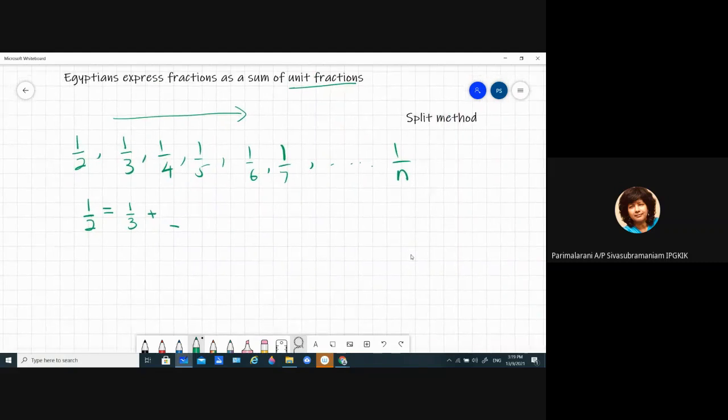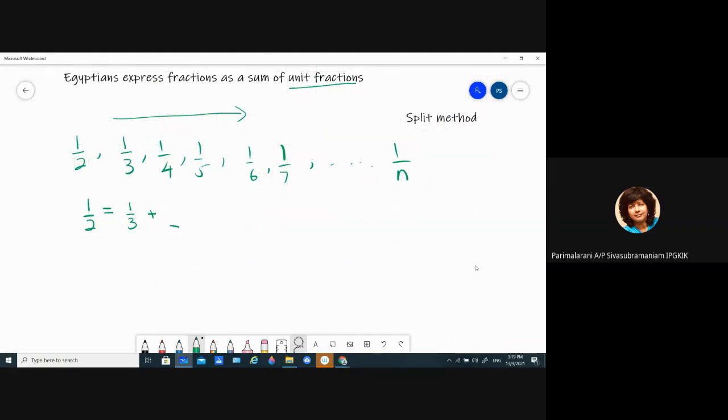So we know that 1/3 plus another fraction will give us 1/2. What is this other fraction? How do we find this? 1/2 minus 1/3, LCM 6, this is 3 minus 2, this is 1/6. That means 1/2 is 1/3 plus 1/6.